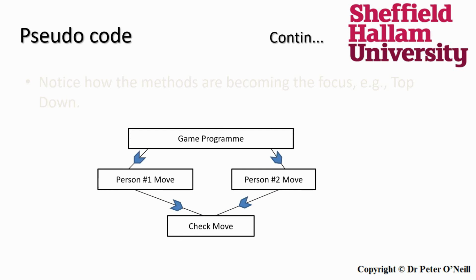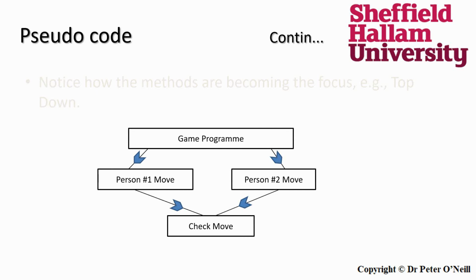Now here's an idea. We've basically got a routine if we look at it, because as I said, once we've put our check move, that becomes to check to see if we've drawn or if we are the winner. Actually all we've got is a game loop at the top, which has our game program, which then loops through person 1 and goes to check move, and then comes back up and goes to person 2 and checks move.